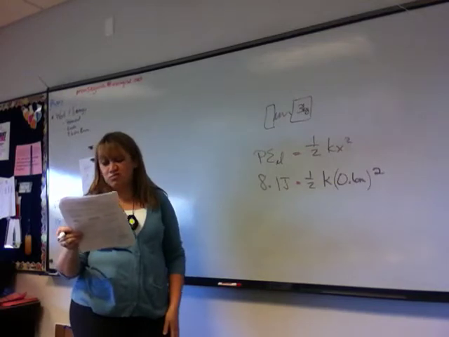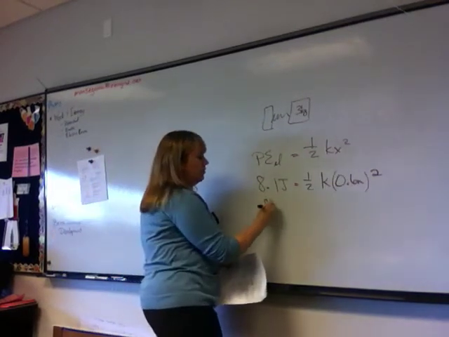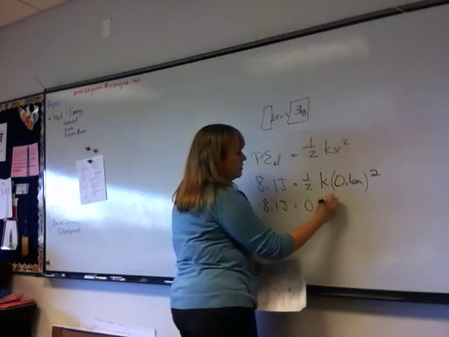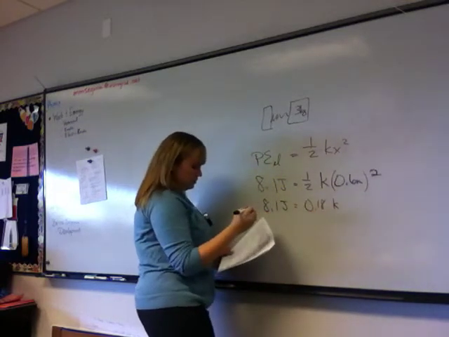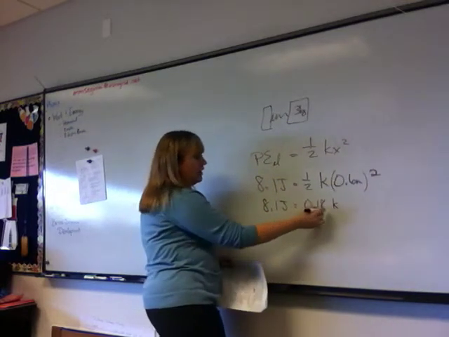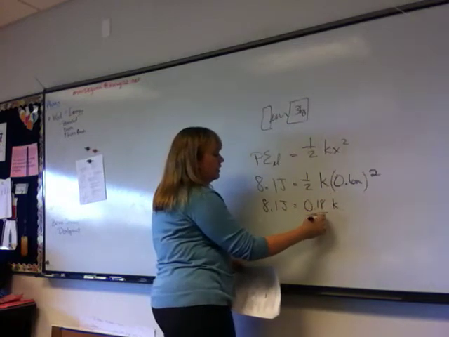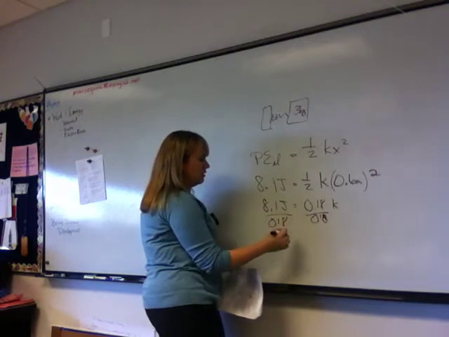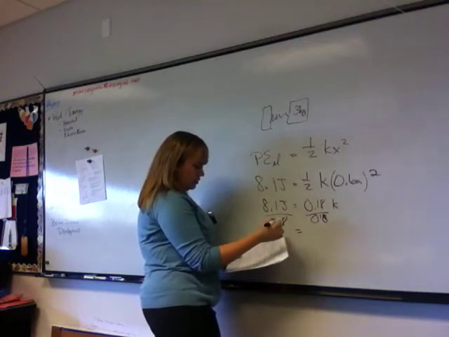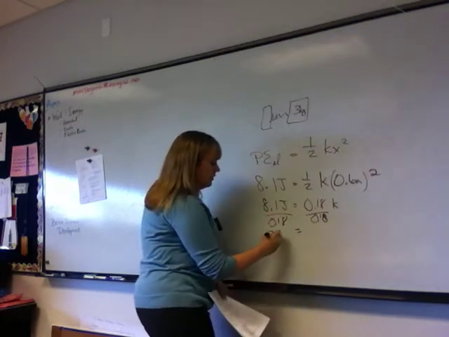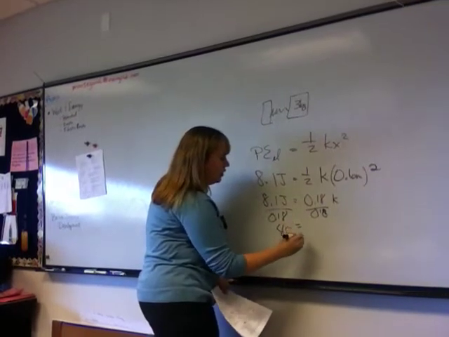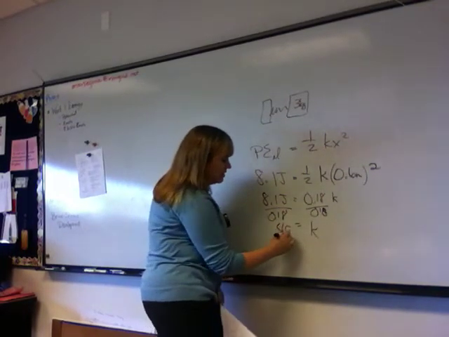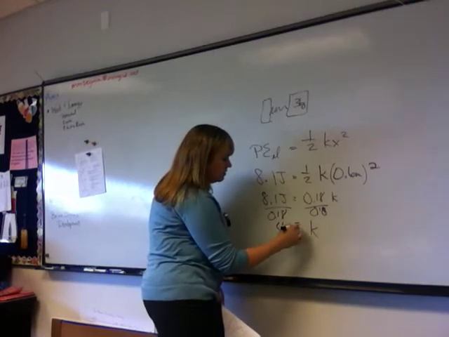You should have 8.1 joules equals 0.18 K. And divide both sides by 0.18. And so you should get 45 is your K. And it's in Newton meters.